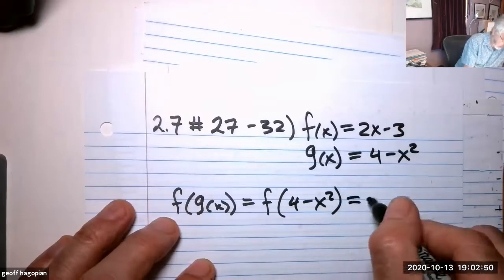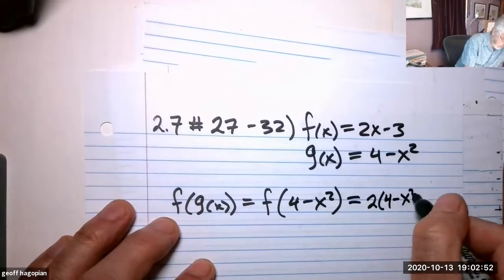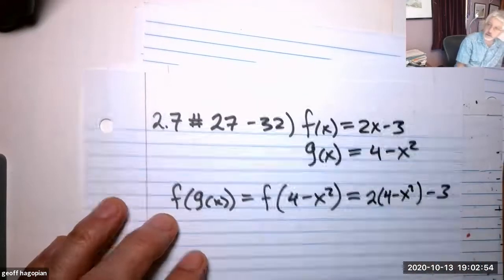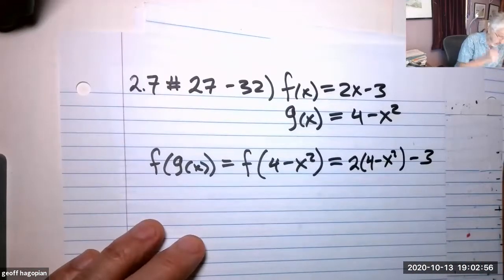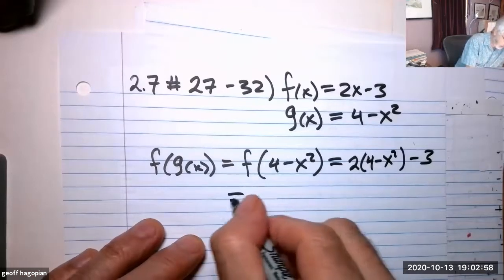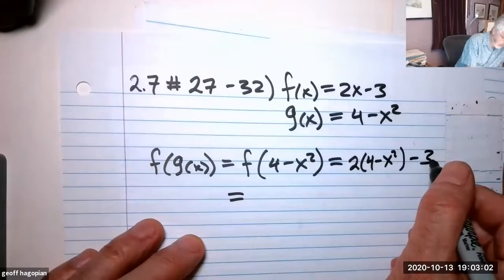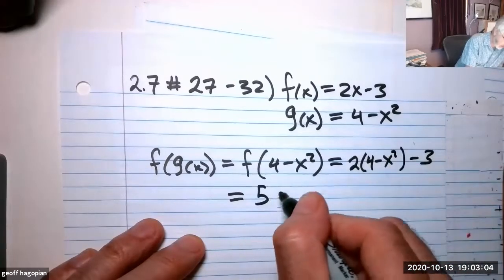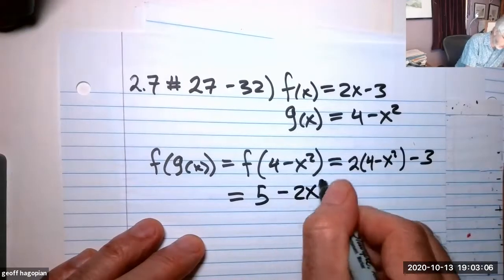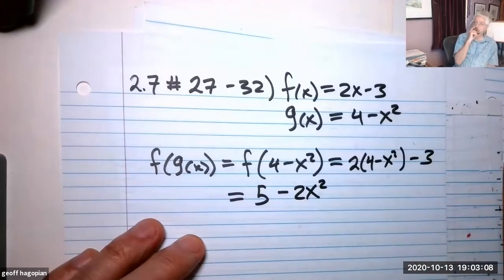So I'm going to say 2 times the input minus 3. All right, and then we clean up a little bit and we write this as 8 minus 3 is 5. So combine those like terms, and then minus 2x squared. So that's a simplified formula.